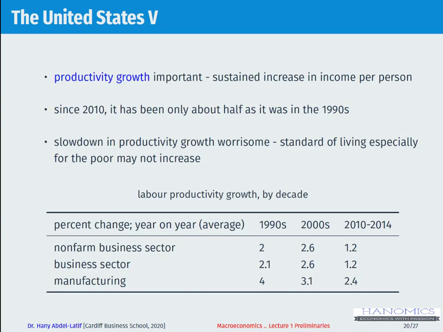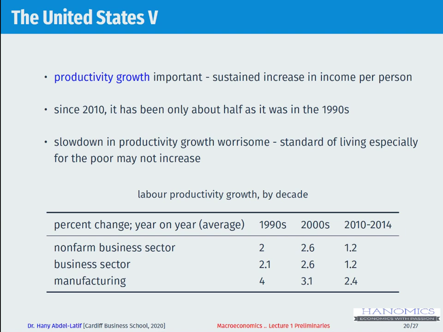Anyway, so one final indicator which I want to refer to here is productivity growth. Productivity is a very important concept, a very important indicator that tells us much about how an economy is growing and how the income per person is increasing.